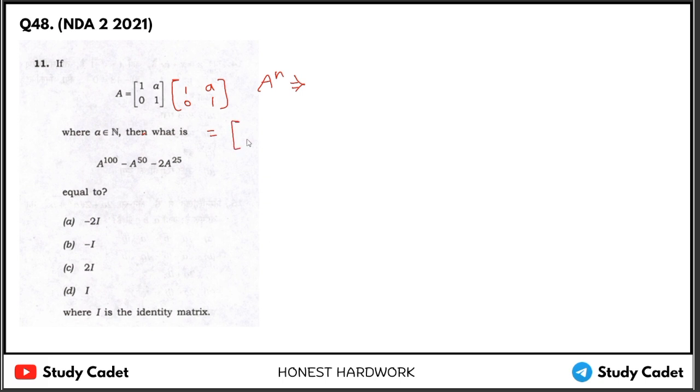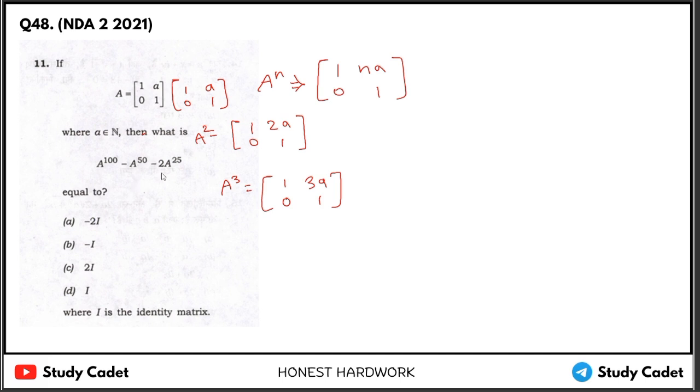So it will be simply 1 0, 2a 1. When we do A cube, with this as our A square, then it will come 1 0, 3a 1. So it means A to the n is 1 0, na 1.